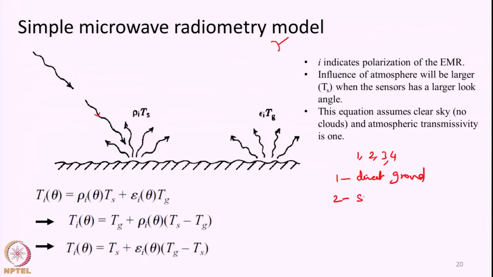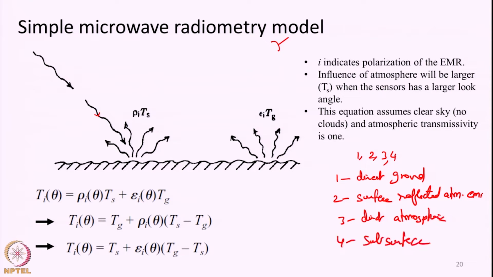second path is surface reflected atmospheric emission, third path is direct atmospheric emission, and fourth is subsurface emission. So, these 4 paths I told you.